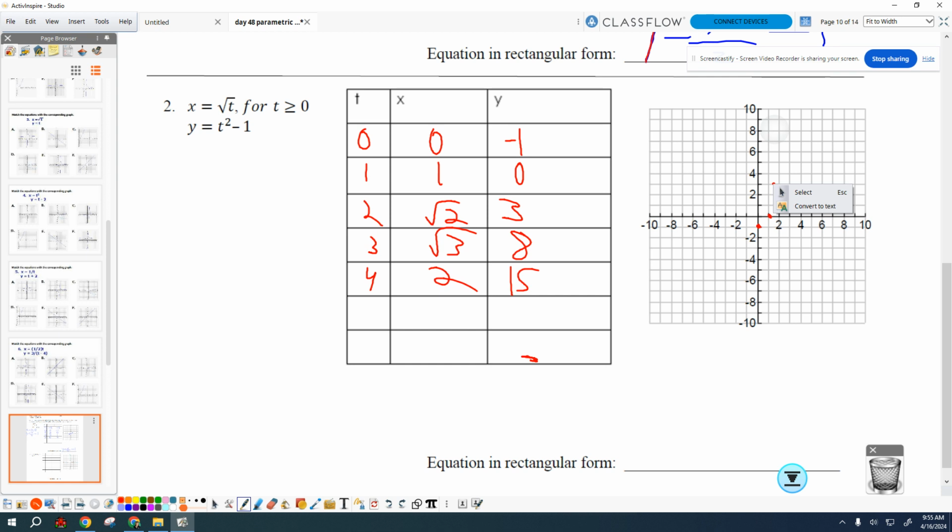How is time changing with respect to x? In the y equation, this number is multiplied. It's not written, but it's there.